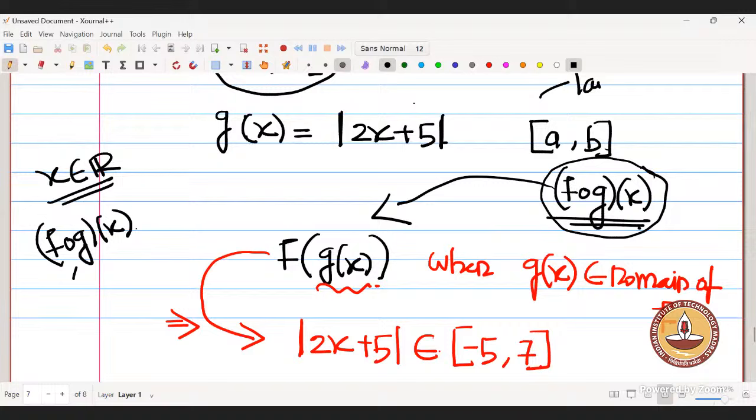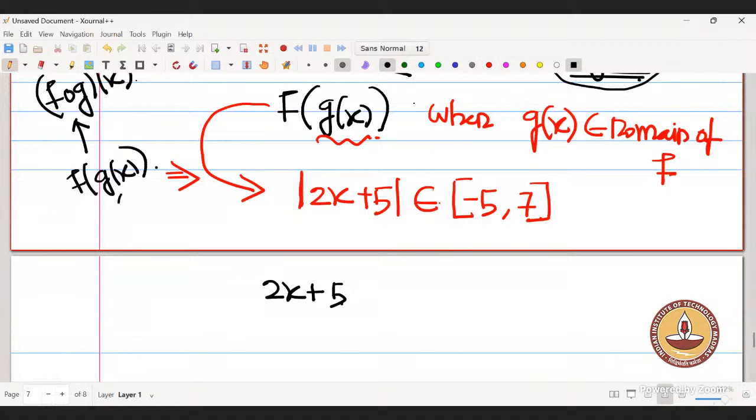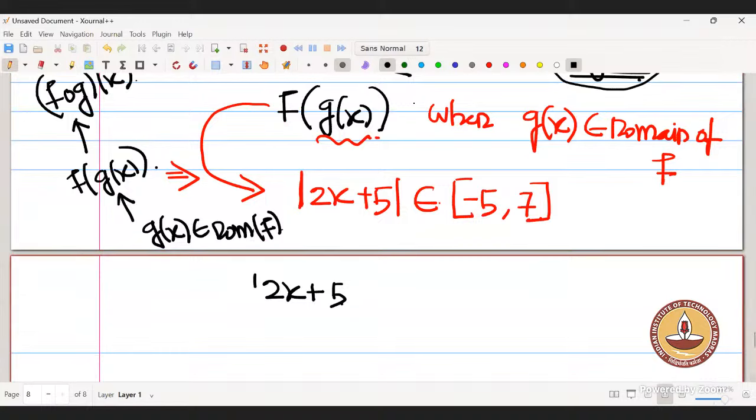It makes sense when g of x is inside the domain of f. So we need to find all such x for which -5 is less than or equal to mod of 2x plus 5, which is less than or equal to 7.